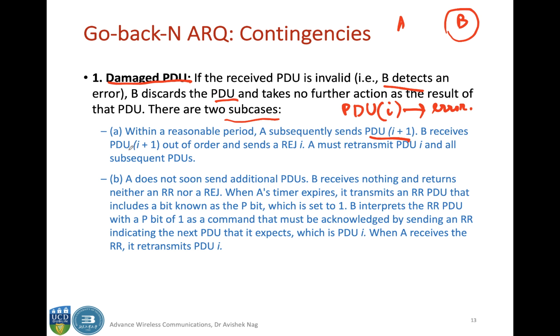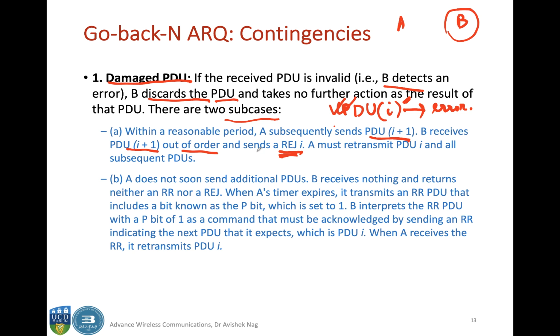B receives PDU I plus 1 out of order and sends a reject I. Okay, so B received this PDU with error and discards this PDU. Then after a certain time A sends the next PDU, but B is waiting for this one, so it doesn't accept it.